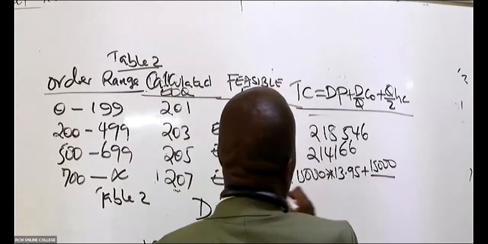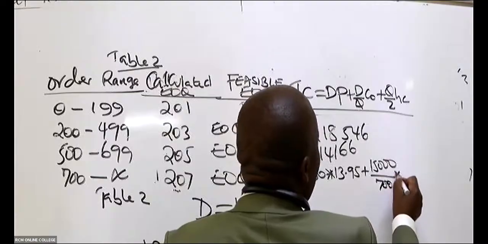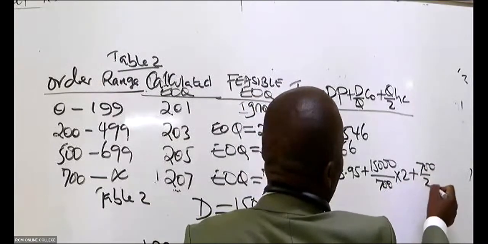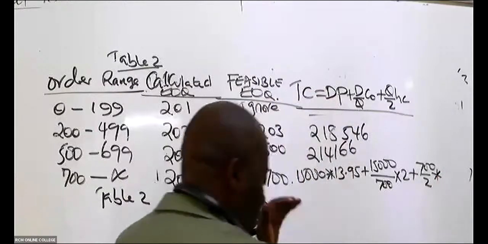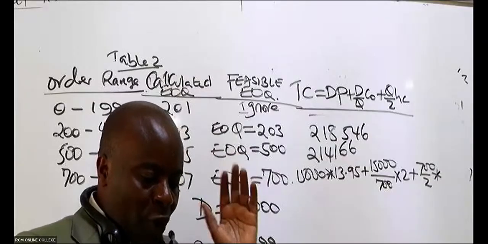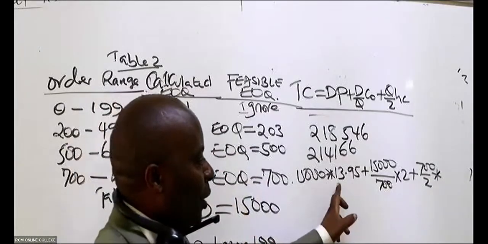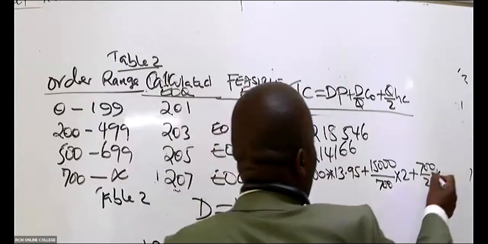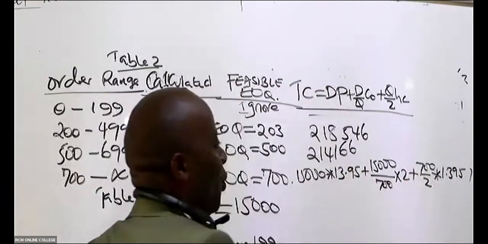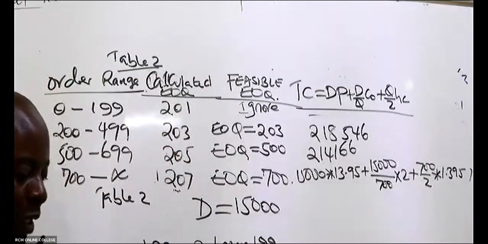The feasible EOQ for this class is 700 times cost per order, which is 2, plus 700 over 2 times the holding cost of your fourth class. If you go to your fourth class in table 1 above, you'll see the holding cost. I know it's 10% of this, which is 1.395. So is there someone who can work that out?